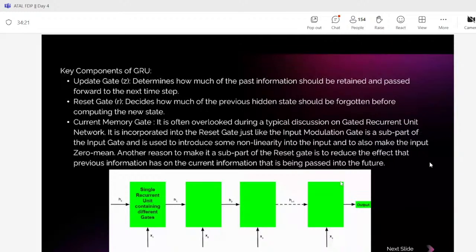It is a subpart of the input gate and is capable of introducing some non-linearity into the input, and also of making the input zero mean. Another reason to make it a subpart of the reset gate is to reduce the effect that previous information has on the current information being passed into the future. So a single recurrent unit containing different gates is the main logic of your GRU.